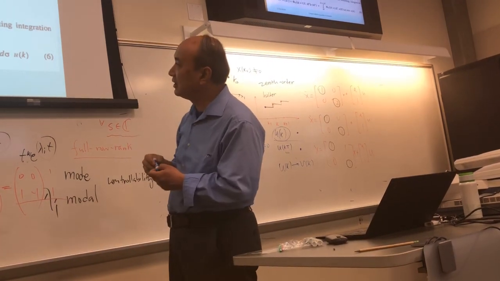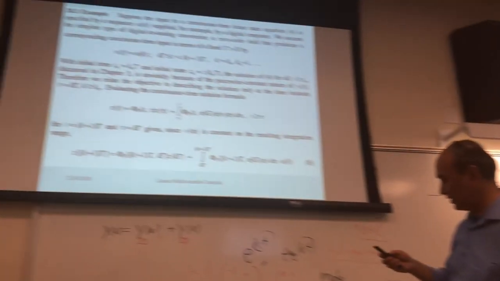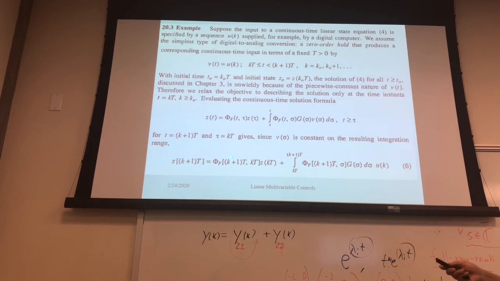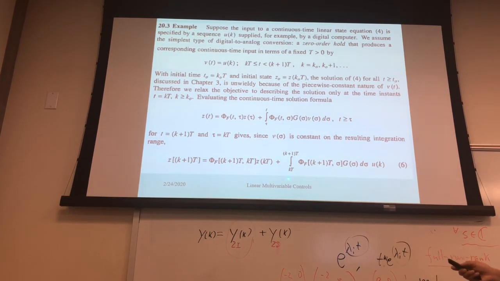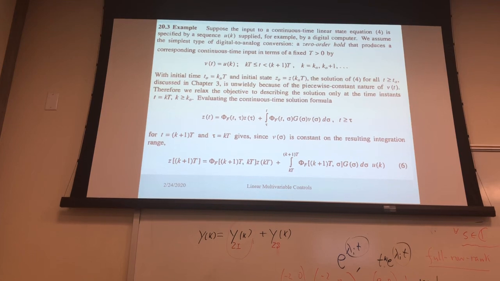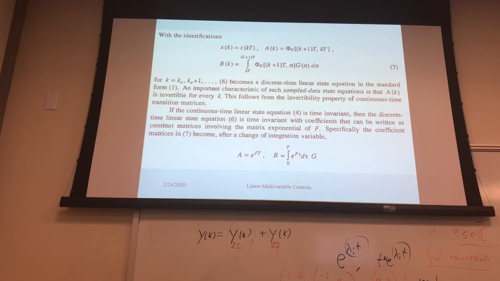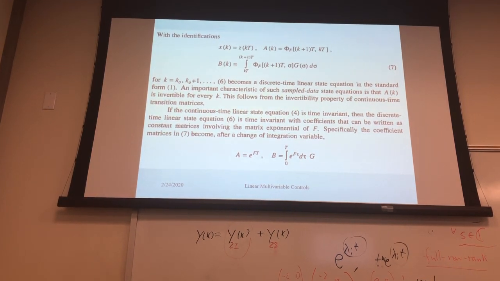If you hold it, then our system will be a little bit different. You can see the output is transitioning here, from kT to (k+1)T, integrated. But because I hold it, u[k] is a constant over the interval.